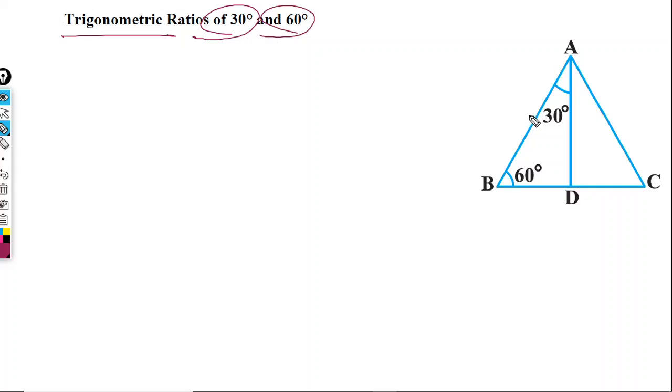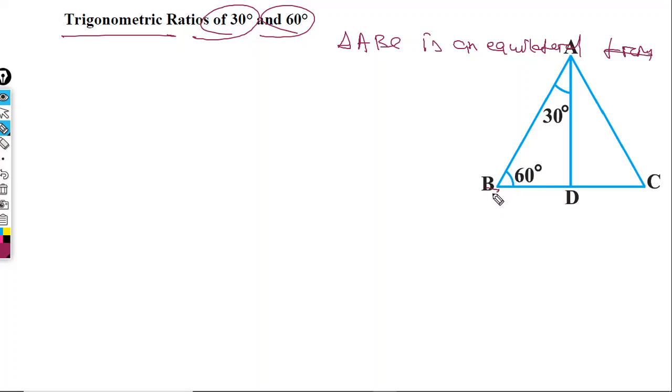Now see, there is a triangle ABD and triangle ADC. Here we have considered triangle ABC. Triangle ABC is an equilateral triangle.